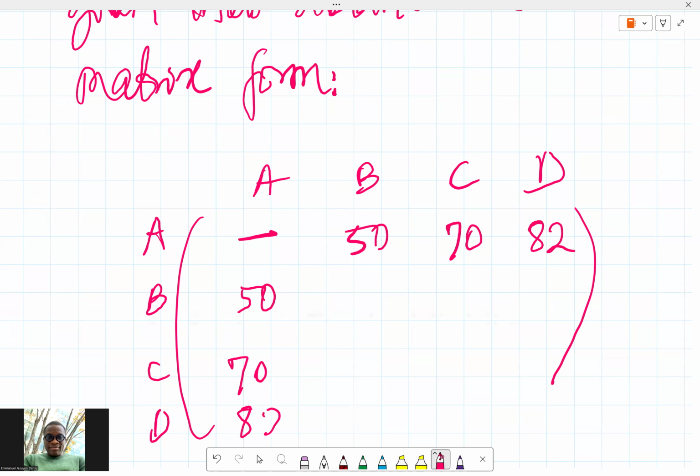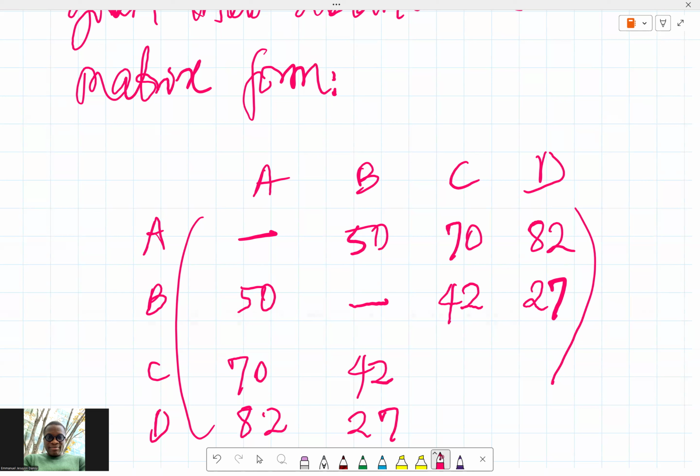B to C is, let's say, 42, and C to B is 42. B to D, let's say that's 27, so D to B also is 27.